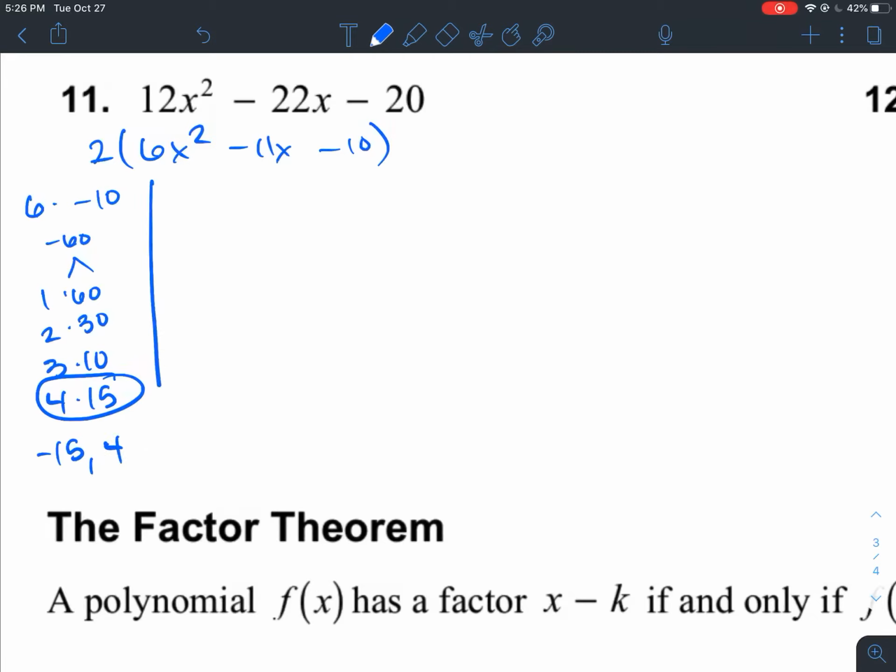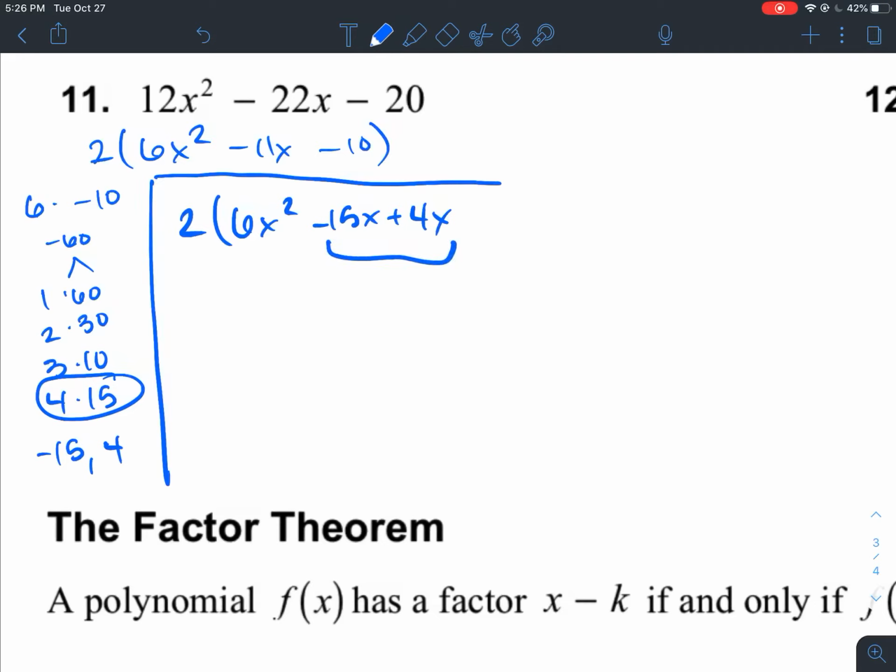So I'm actually going to change this equation to help with my grouping. So I have the 2 right here, and I have 6x squared, but I'm going to rewrite this term right here to be minus 15x plus 4x, okay? Because these two together give you negative 11x, and then minus 10.